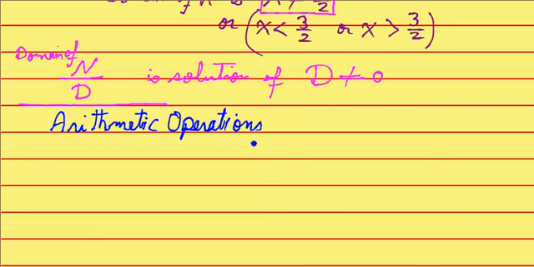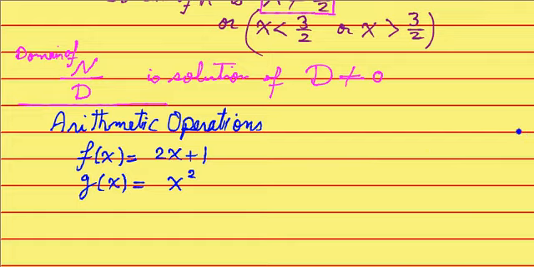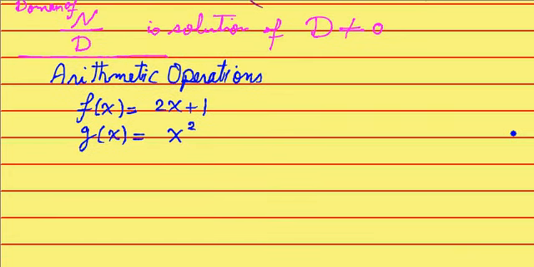These things you do to numbers. Functions in some sense represent those numbers, so you can do the exact same thing with functions. Suppose you have one function f of x, say 2x plus 1, and another function g of x, say x squared. So two separate functions.